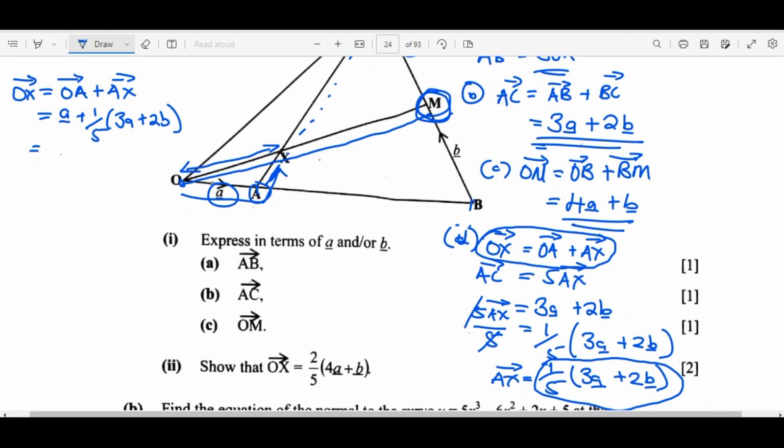When you multiply everything in the brackets, you'd find that we're going to have a plus 3 over 5a, and then plus 2 over 5b.